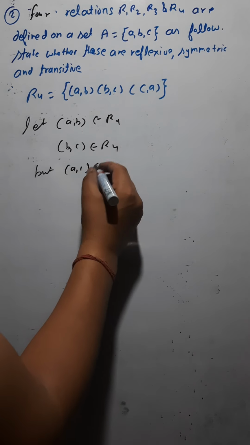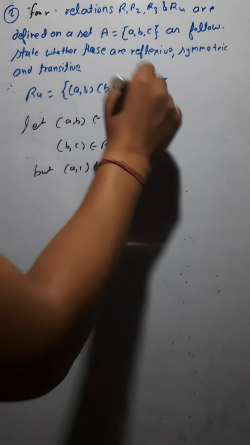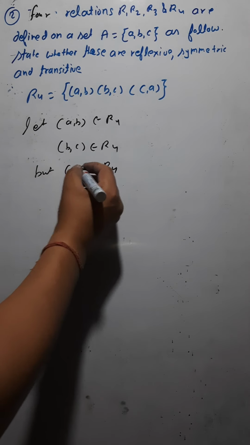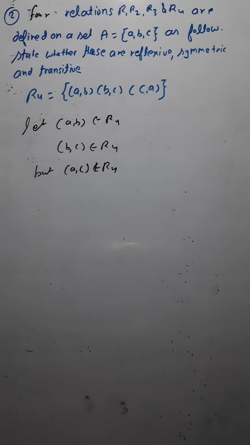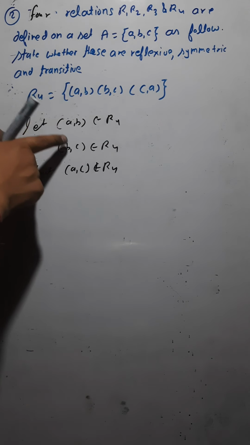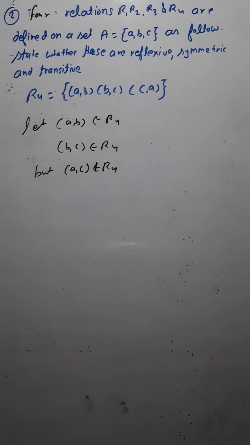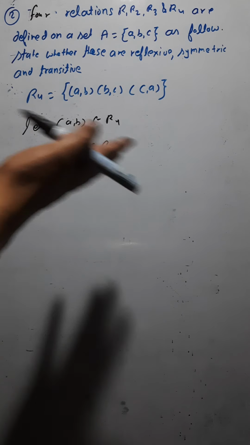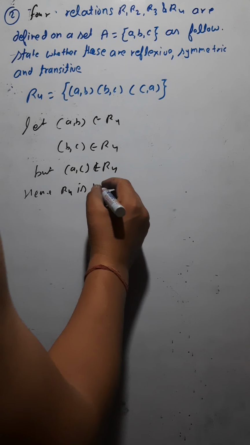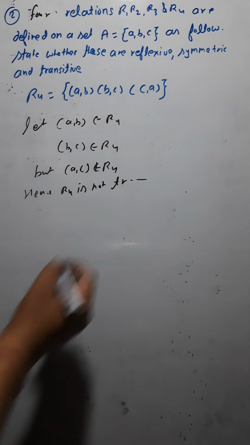AC does not belong to the relation. We have CA, but AC is not there, isn't it? AC should be there in the relation. So hence we would call R4 not transitive.